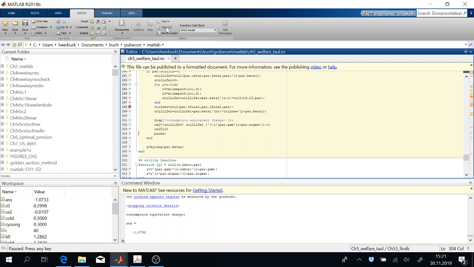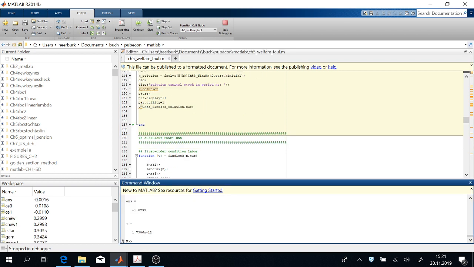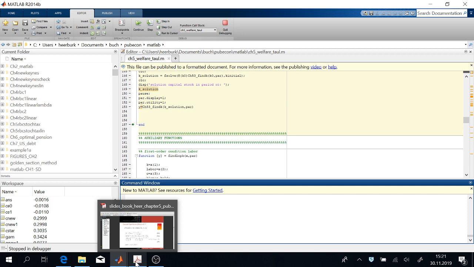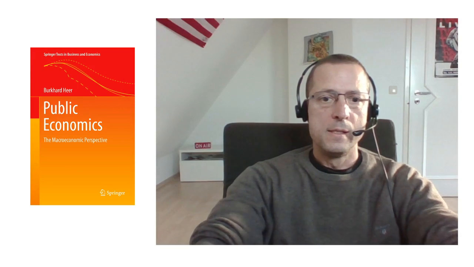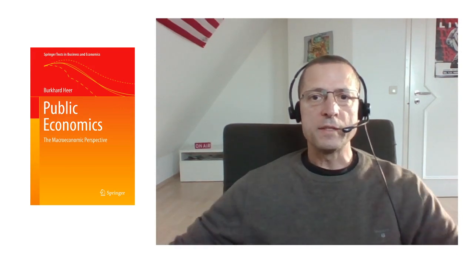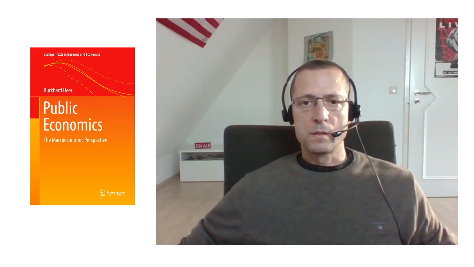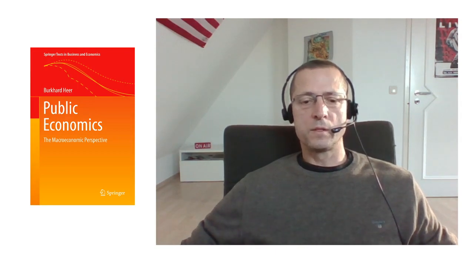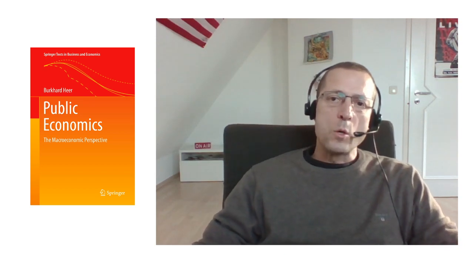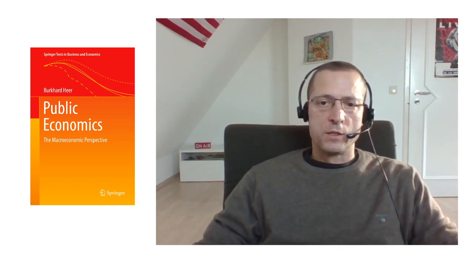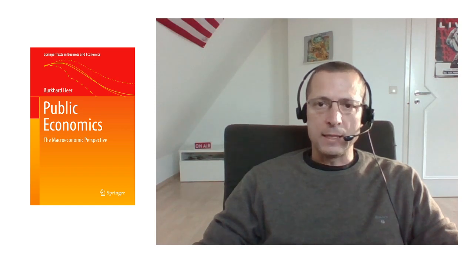So let's step out of this procedure here again, press any key, and we are done with our program. So let me get back into our editor. This terminates our computation with the help of the Matlab program, chapter 5, welfare tau L.